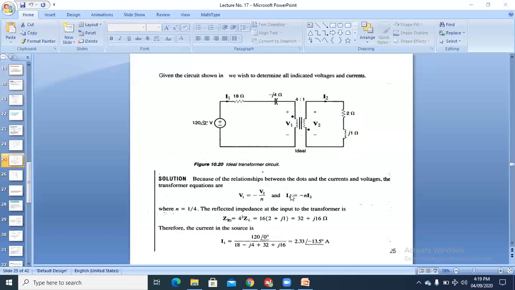Now we calculate the total impedance of the primary side. So that is, in fact, 18 minus J4 plus the input impedance or the reflected impedance, which is 32 plus J16.